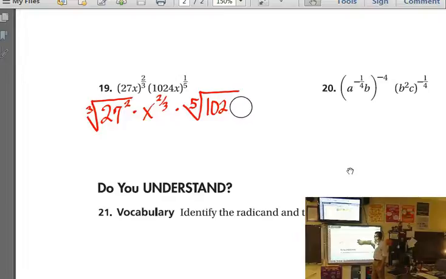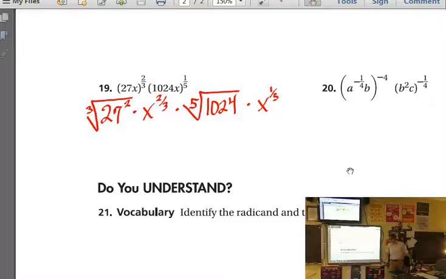I had some people who tried to combine the coefficients before they applied the powers. You've got to follow order of operations. Exponents happen before any of the other multiplications are allowed to happen. And then I still have 5th root of x, or x to the 5th, since I'm going to combine these. 27 squared then to the cube root, combined with the 5th root of 1024, gets me, crap, what was that? 36.